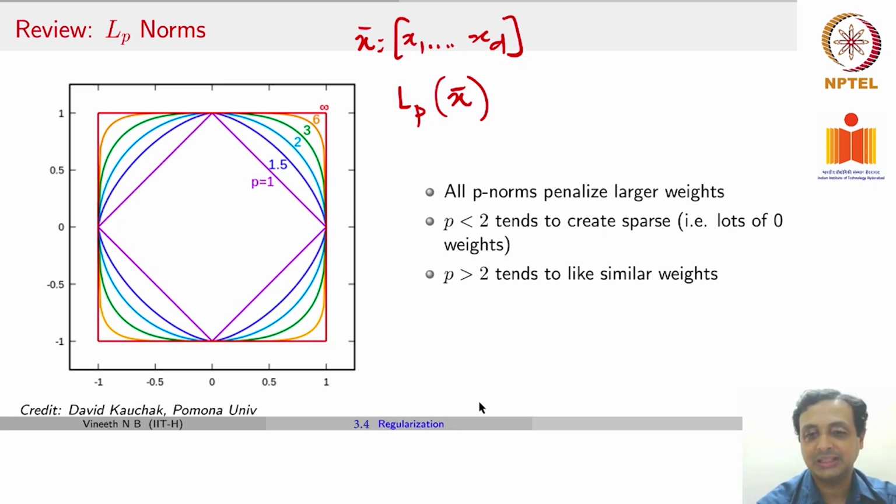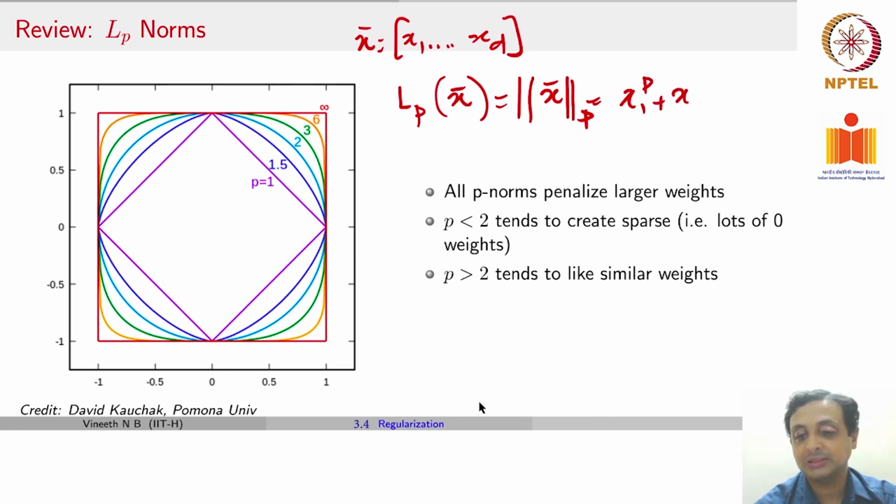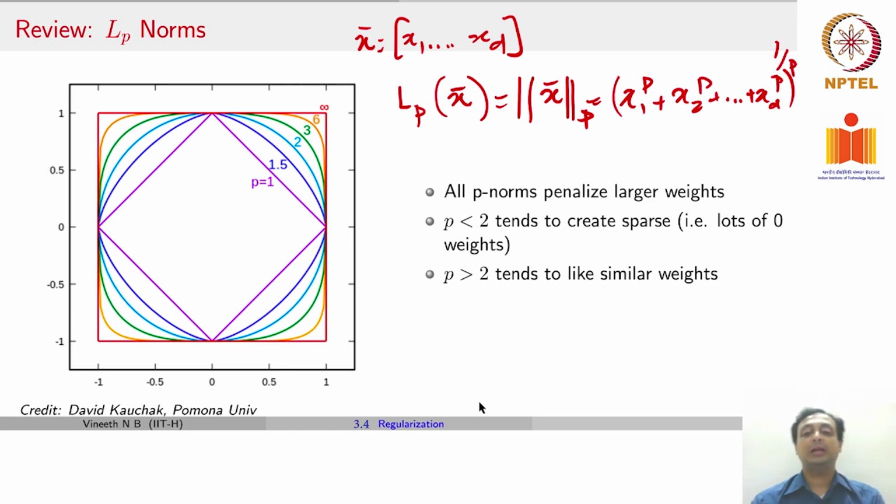LP norm of x, also denoted by x p norm, is given by |x1|^p plus |x2|^p, so on and so forth till |xd|^p, whole power 1 by p.